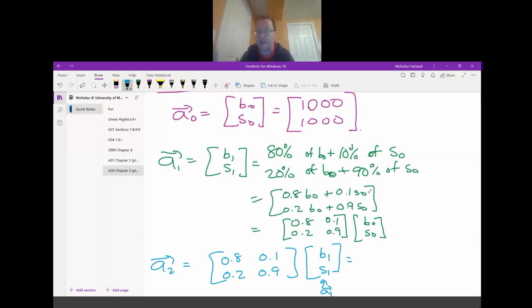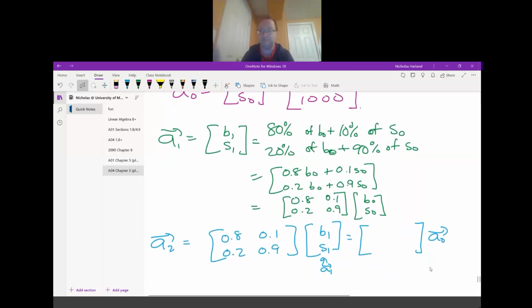Except we know what A1 is. What's A1? Or maybe more specifically, how can we write this as something times A0? It's the exact same matrix, except how many times have we applied this matrix to go from A0 to A2? Twice.